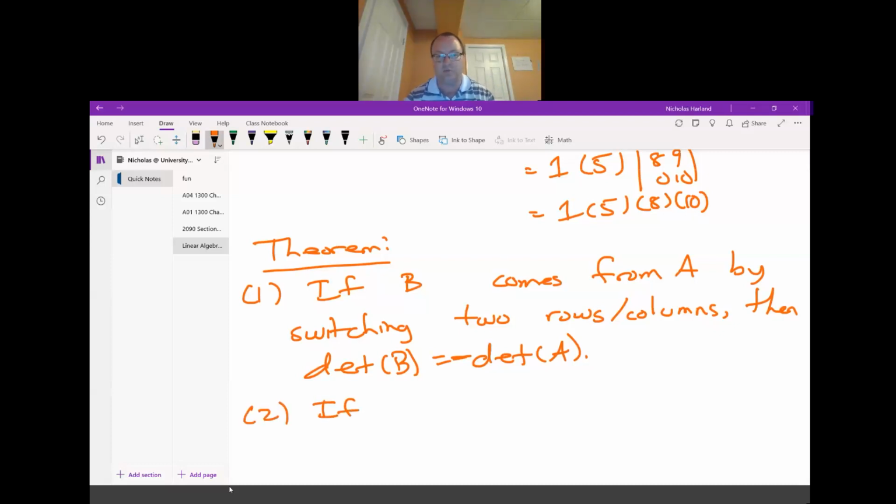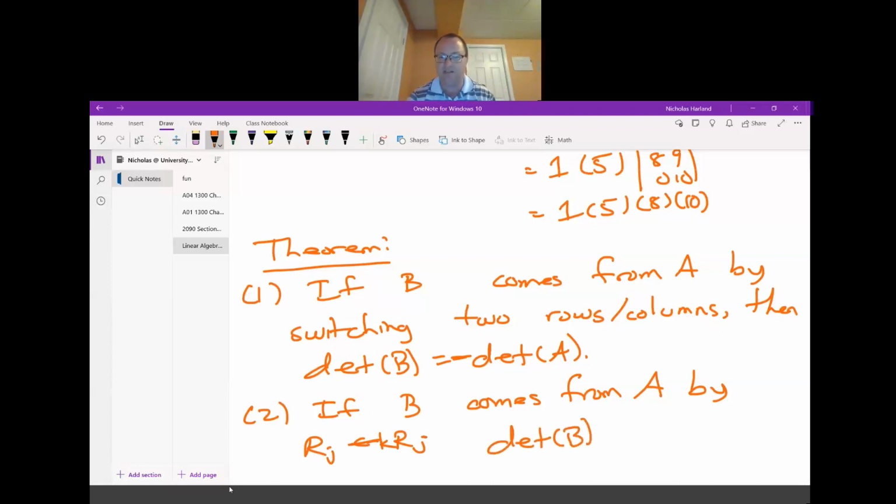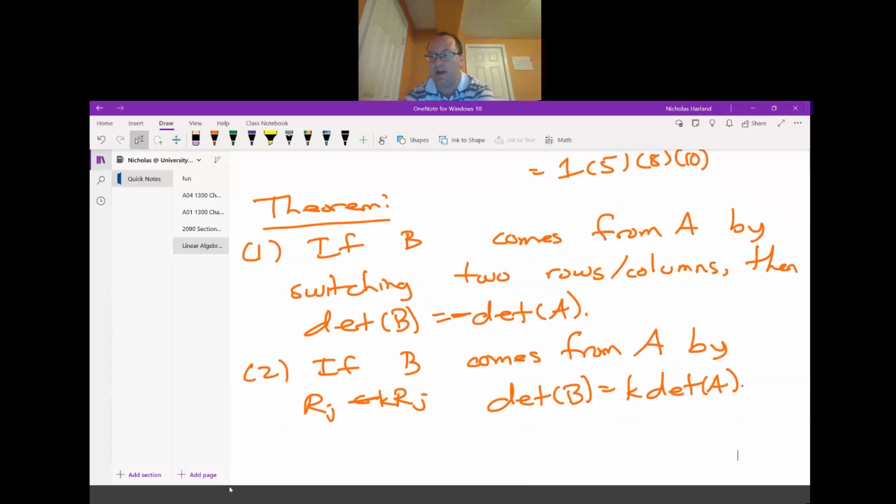Number 2, this one might make more sense. If B comes from A by replacing row J with K times row J, in other words, you're multiplying a row by K, then the determinant of B is equal to K times the determinant of A. The idea here is multiplying a row by K. If you expand along that row, you're not changing the cofactors.